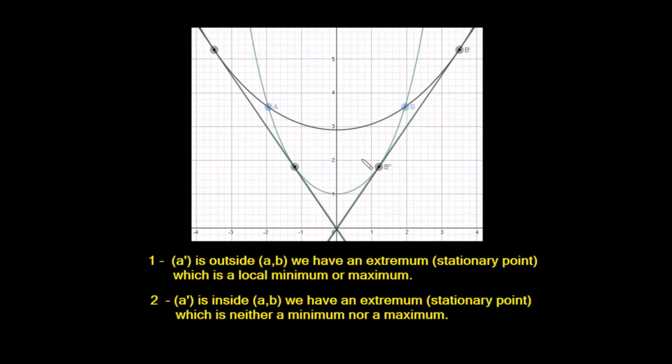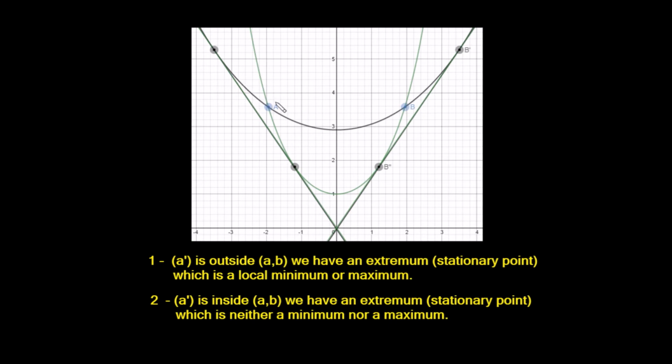So the 2 solutions that we've seen from the previous video are the black curve here and the green curve here. Now in the black curve, we said that between A and B we don't pass through any conjugate points, so therefore this will have a stationary point and it will be either a maximum or a minimum.